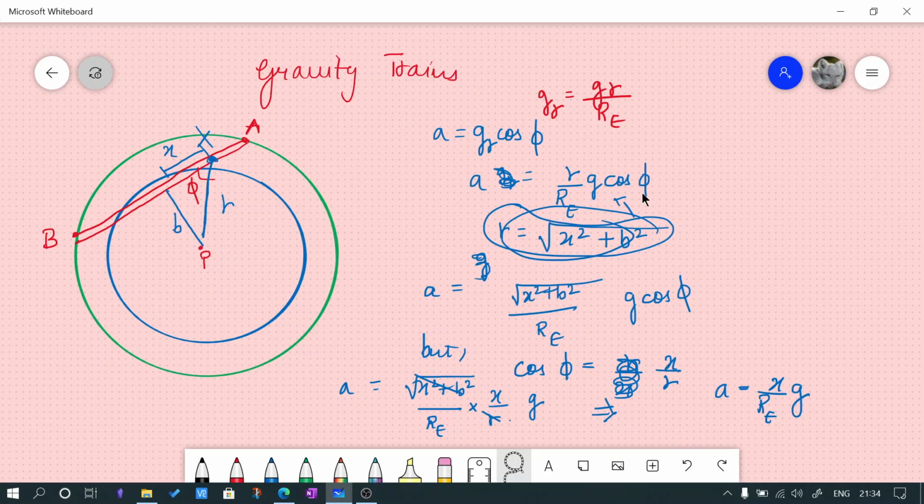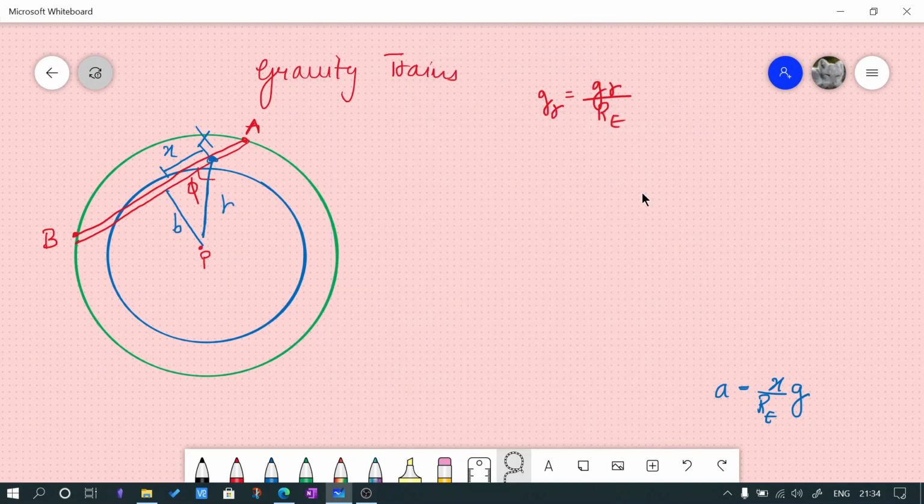This is a very interesting result, since a is equal to x by R_e times g, and a can be written as d square x by dt square.